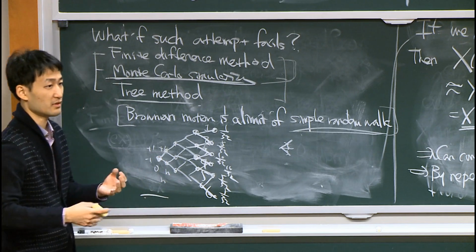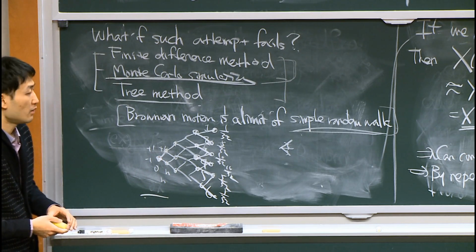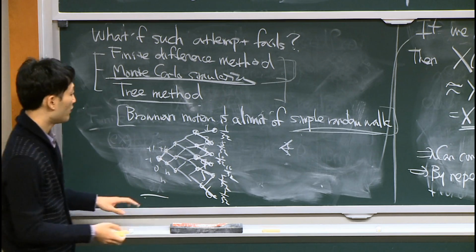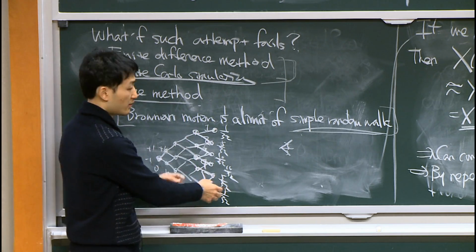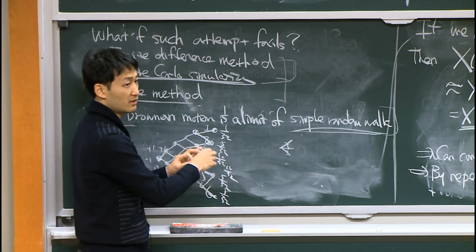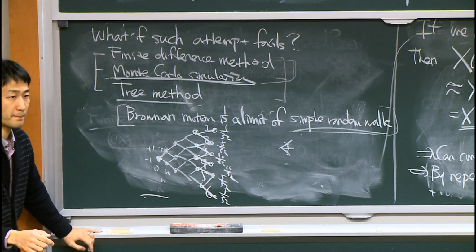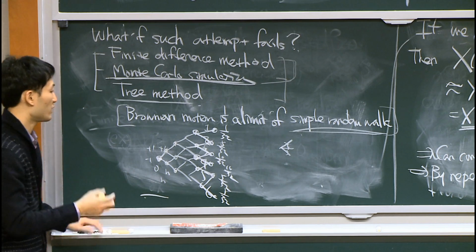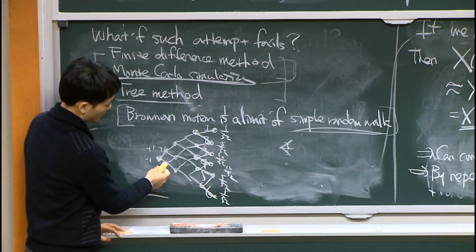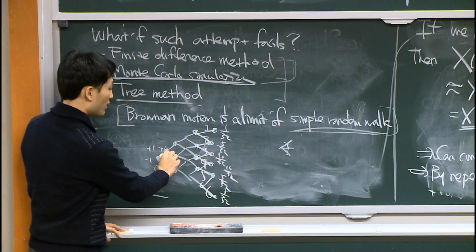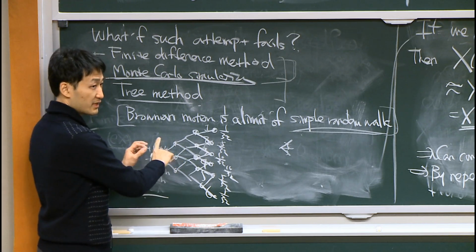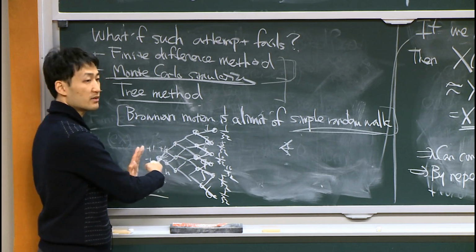That will be the trinomial, and so on. And as Peter said, if you use the tree method to compute something, you will increase the accuracy if you take more possibilities at each step. So there are two ways to increase the accuracy: take more possibilities at each step, or take smaller time scales.